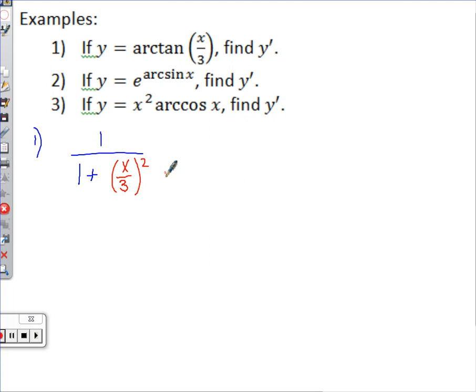Times one-third. There's your derivative. This is likely to be a multiple choice, so it'll probably look something like 1 over 1 plus x squared over 9, and then they'll make that 1/3 probably in the bottom, or they'll multiply it through.